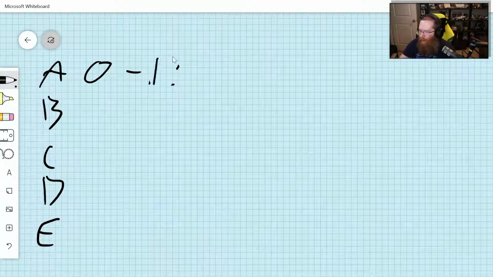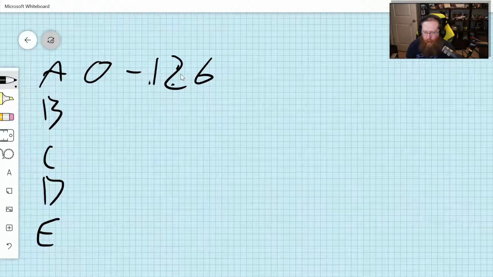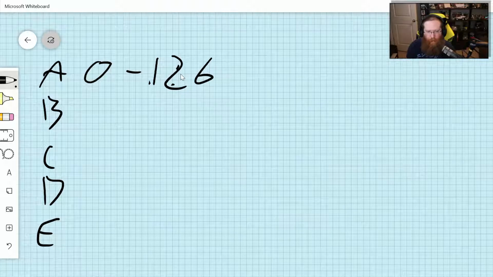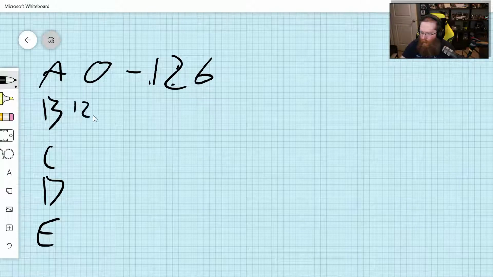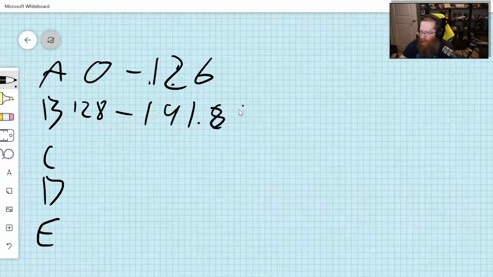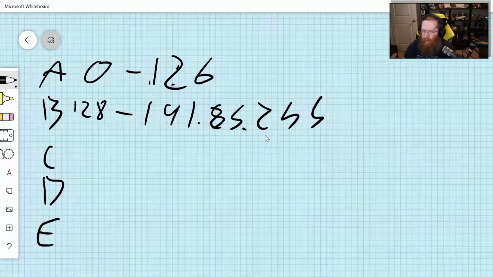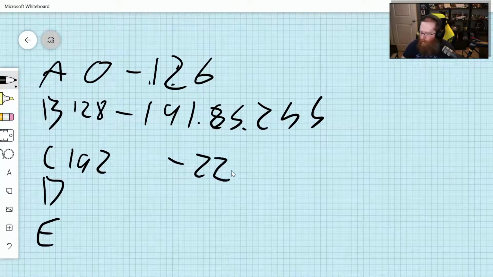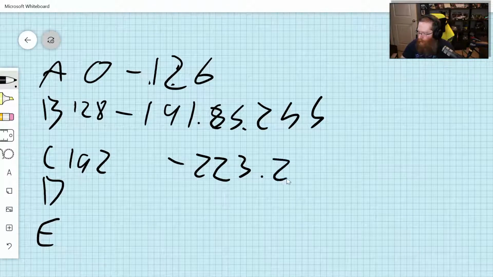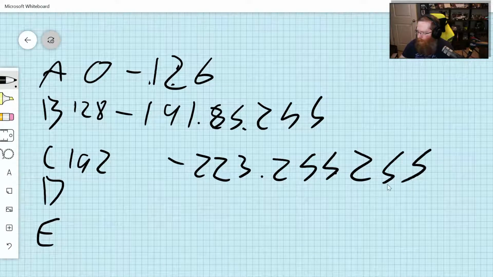Looking at 126. Now you're going to notice here I'm not going to use 127 for anything, and I'll talk about why as we progress. So this goes to 128 through 191.255.255. Class C starts out with 192 through 223.255.255.